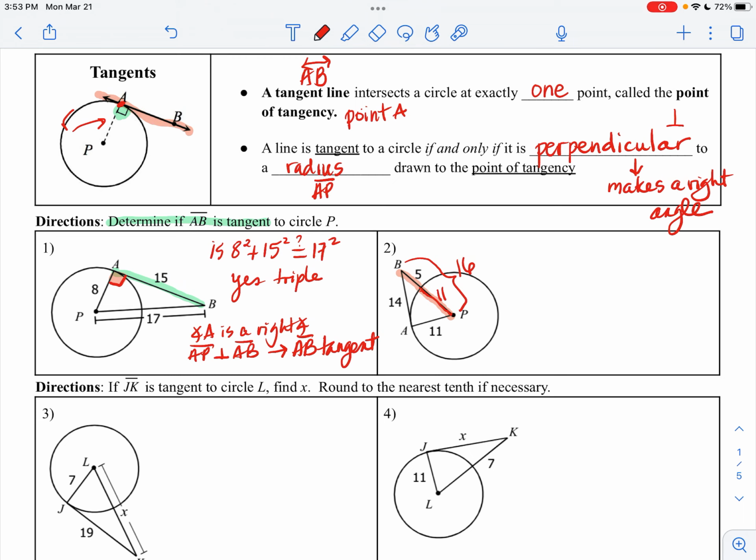So again, we want to use the converse of the Pythagorean theorem to show that angle A is a right angle or to show that it is not. So let's see, 14 squared plus 11 squared. We want to know, is that equal to 16 squared? So that's 121, 256. We don't know yet. That's why there's a question mark there.